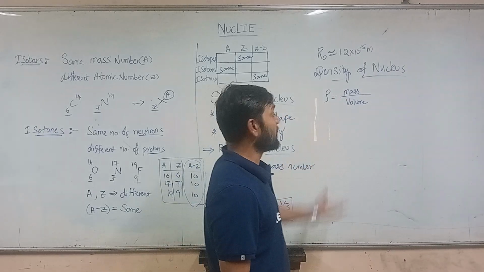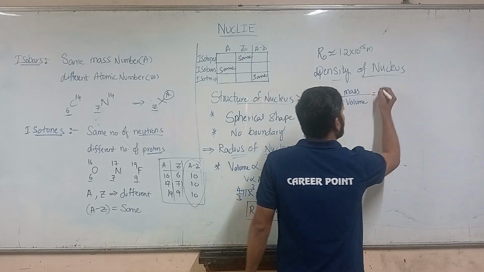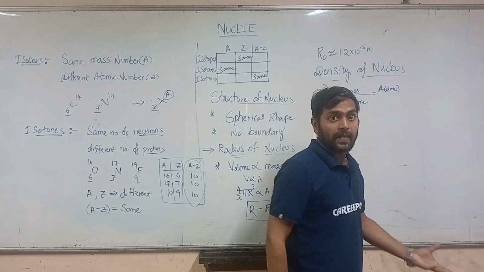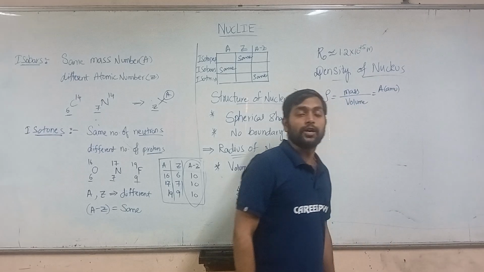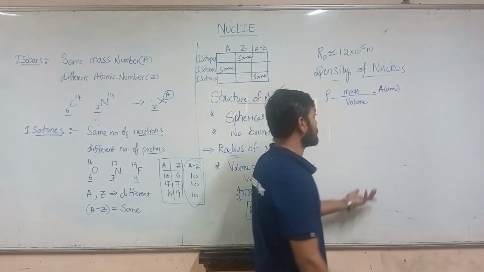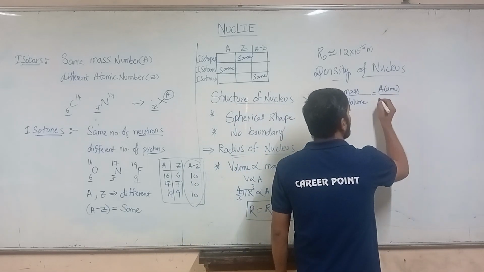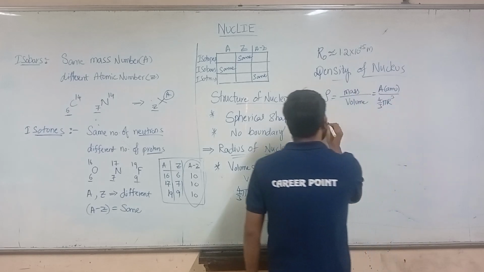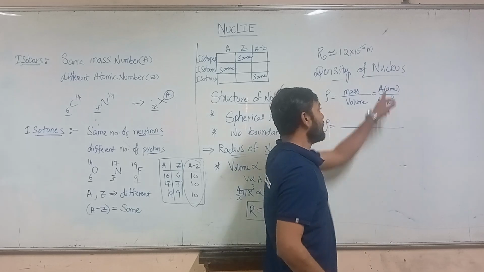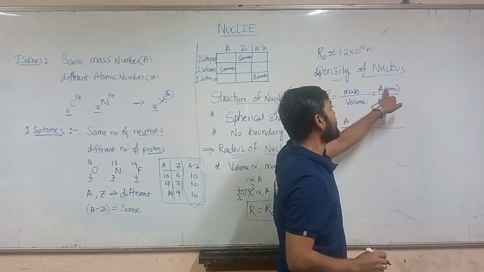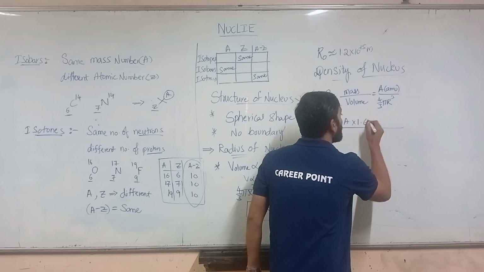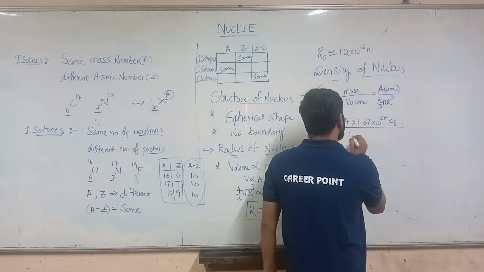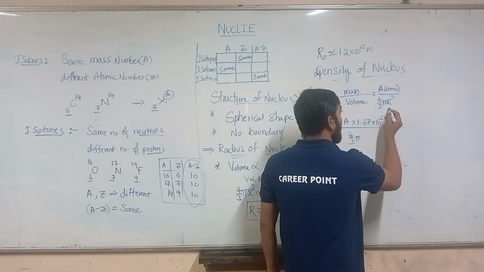So one atomic mass unit, AMU, is equal to 1.67 into 10 to the power minus 27 kg, right? So substitute that, and volume will be equal to 4 by 3 pi r cube, right? So here this density will be equal to A times AMU, where AMU is 1.67 into 10 to the power minus 27 kg, divided by 4 by 3 pi r cube.